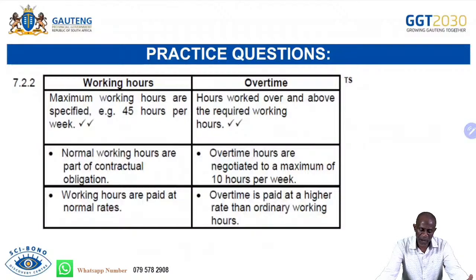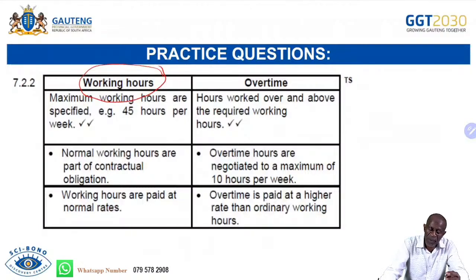The normal working hours are part of the contractual obligation, so you are not supposed to miss the normal working hours, whereas overtime at some point is upon the employee's choice. You choose whether you want to work overtime or not. It's not compulsory in some instances. However, if you are compelled to work overtime hours, it is negotiated to a maximum of 10 hours per week.